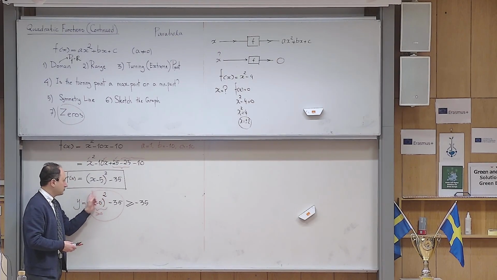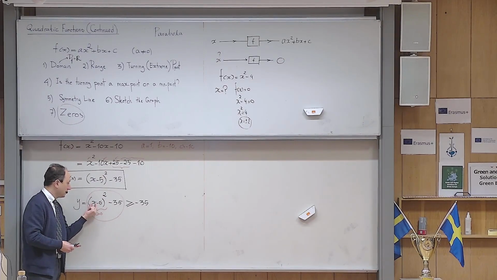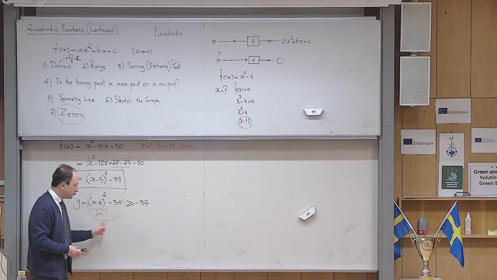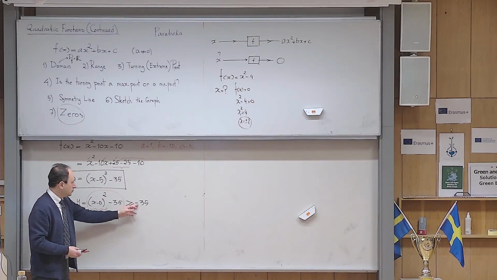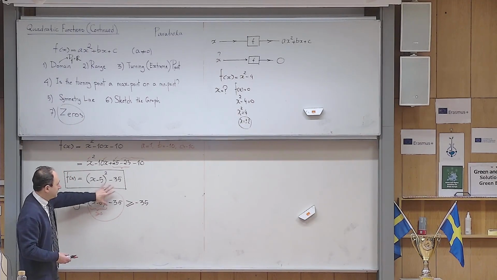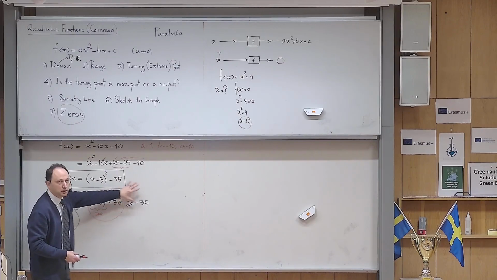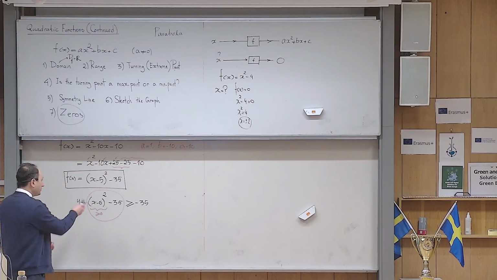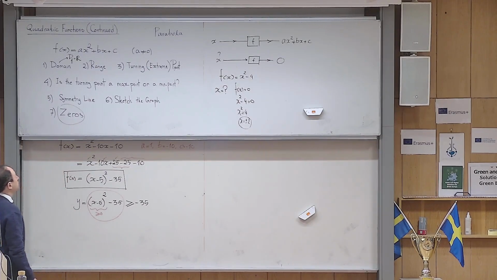So this expression, regardless of the value of x, is either 0 or greater than 0. So the whole expression is greater than or equal to minus 35, because this is a positive number I am adding to minus 35. I am making it bigger. Is that right? Okay, so when you have this, then you can answer a lot of questions there.